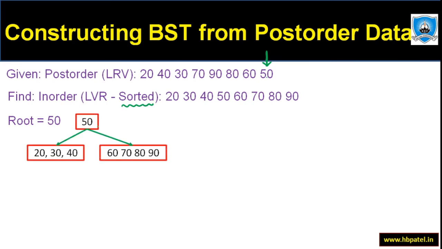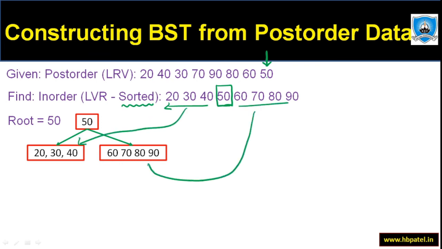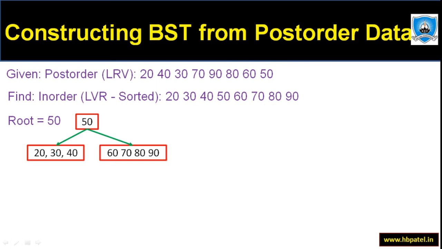So last node we take as 50, and then in order you can see that there is something in the left hand side that I'll be putting here, and there is something on the right hand side that I'll be putting here. Now for the left hand side, I am having 20, 30 and 40. So now I will scan from this place.